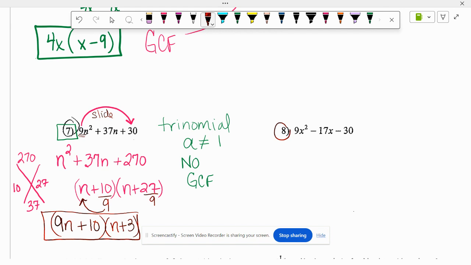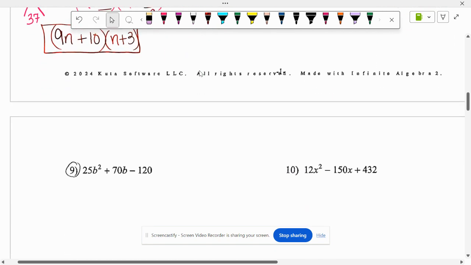So you are going to do number 8. Number 8, let's see, this is a trinomial. A does not equal 1. So you're going to have to either use the slide and divide method, or you can use one of the boxes on the back. Okay, so you are responsible for number 8. Let's take a look at number 9.